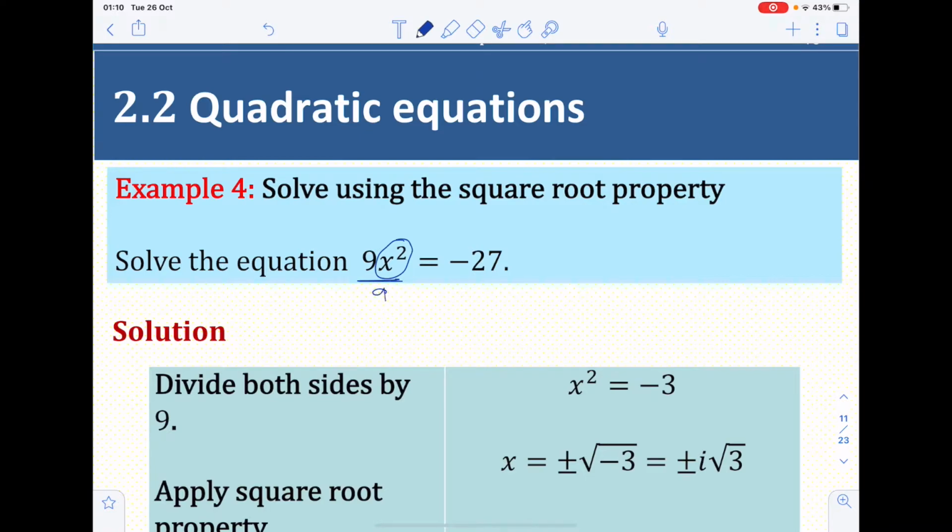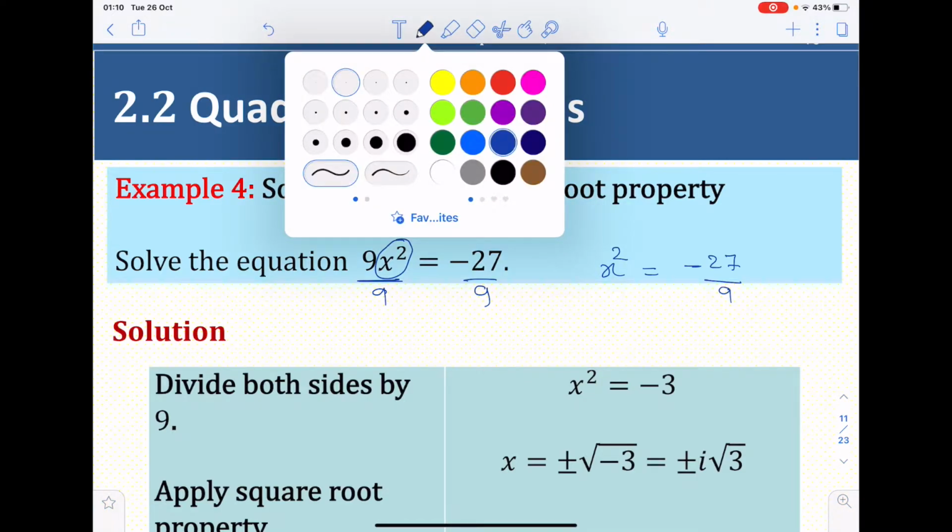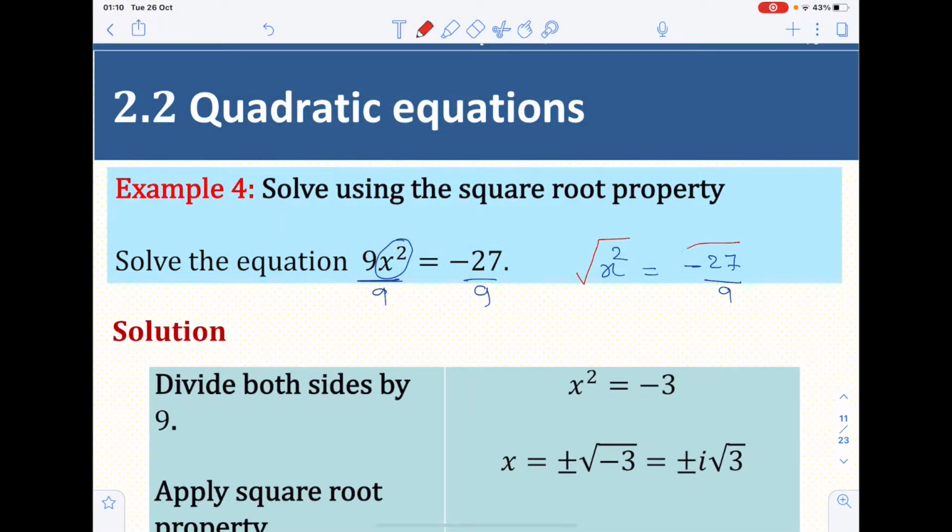So x squared equals negative 27 over 9. Now I will take the square root of both sides, plus and minus. So x equals plus and minus the square root of negative 27 over 9.